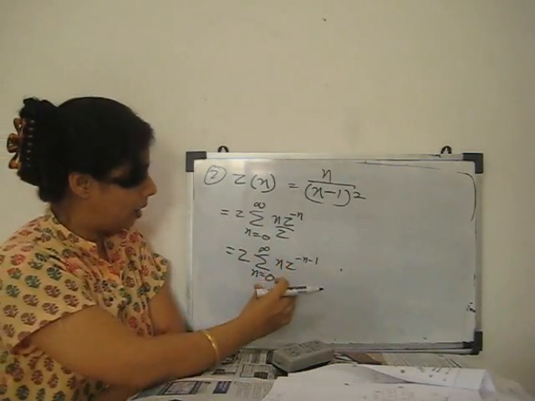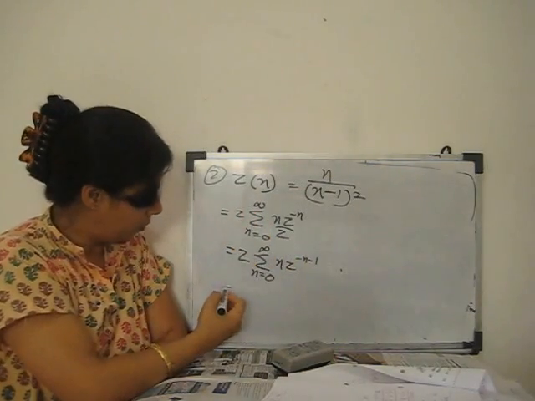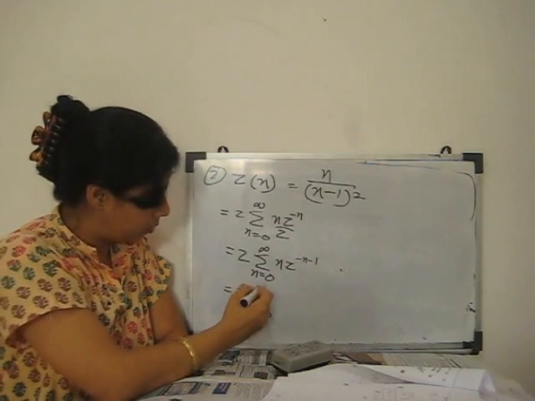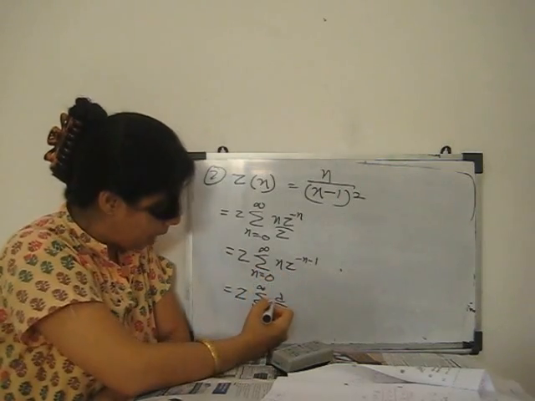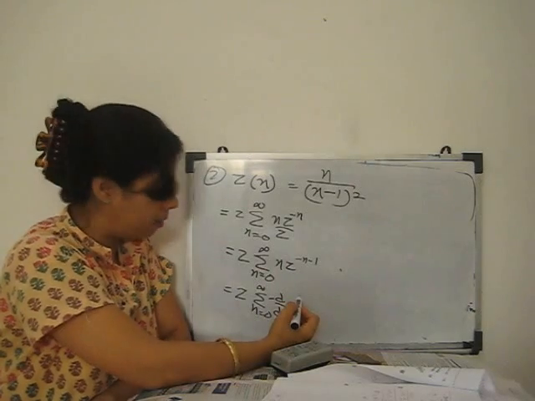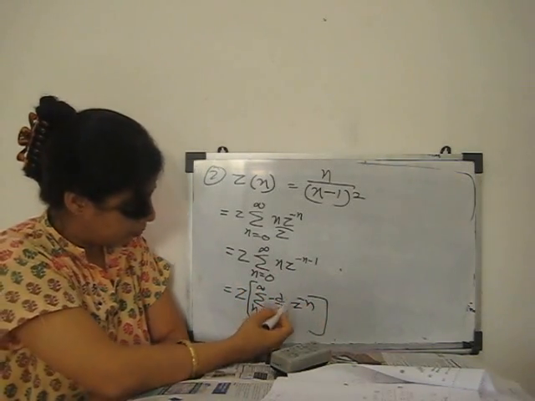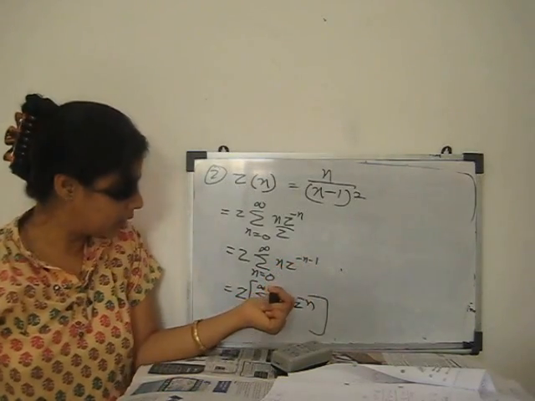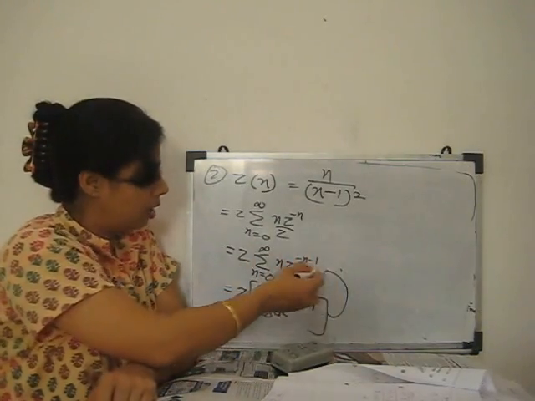Now we can see it is d by dz of Z to the power minus n. So we can rewrite it as summation n going from 0 to infinity, d by dz, with a minus also there, of Z to the power minus n. If we differentiate once with respect to Z, the minus of n gives minus minus, plus n, Z to the power minus n minus 1. So it converts into this.